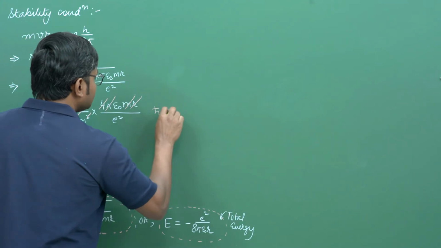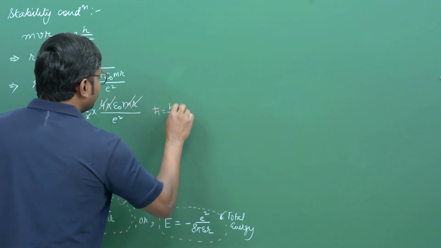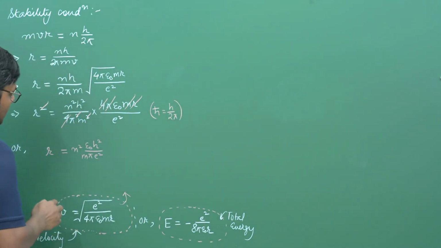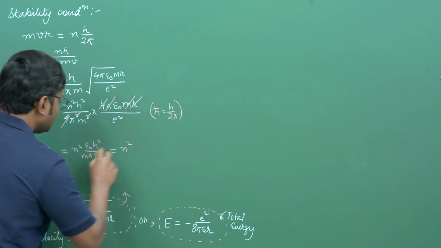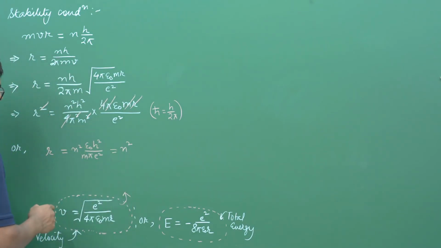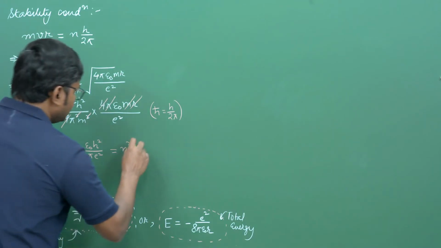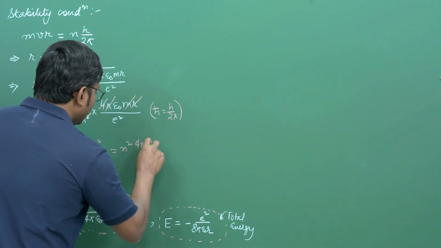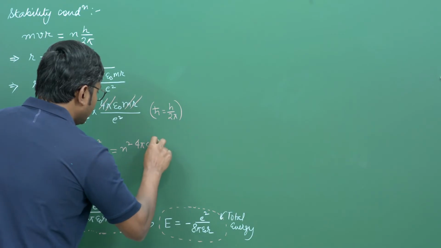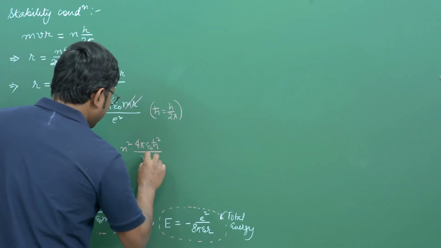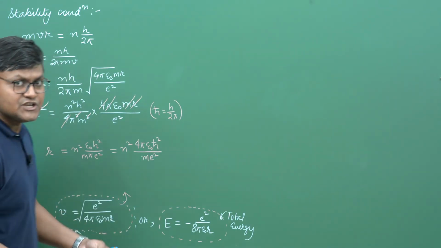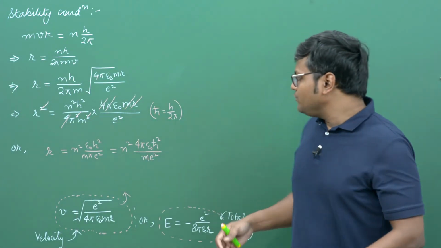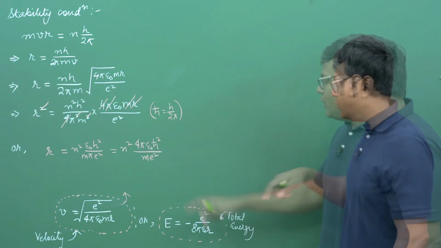In terms of ħ, this expression essentially becomes n² times 4πε₀ħ² upon me². So the radius of these stationary orbits predicted by Niels Bohr follows this expression.